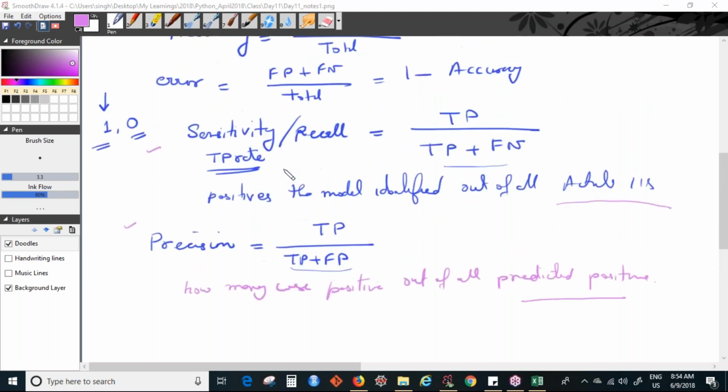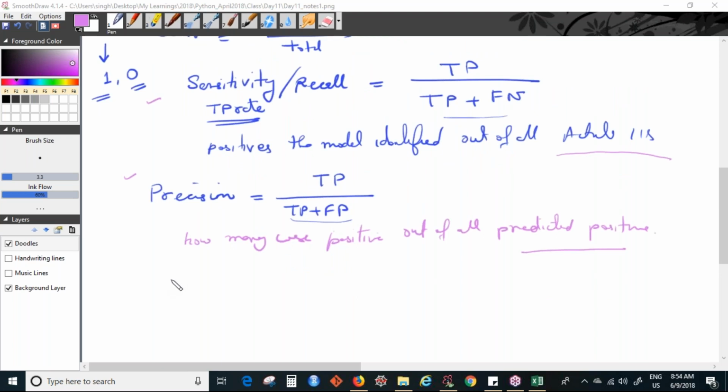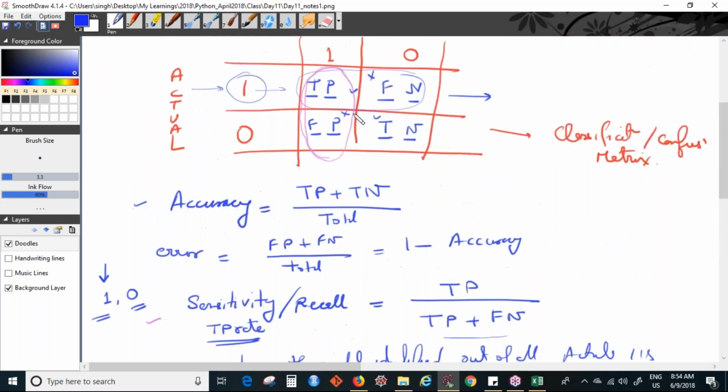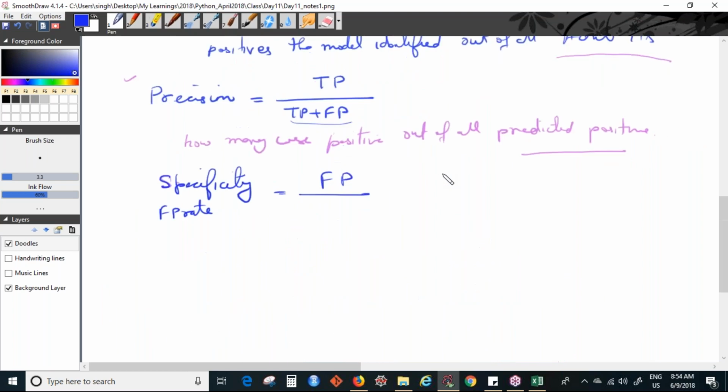Yes, similar to this, there is another parameter called specificity also, that is not popularly used. Specificity is false positive rate. It is false positive divided by the row total. So FP plus TN.